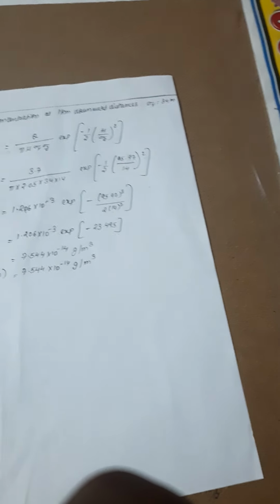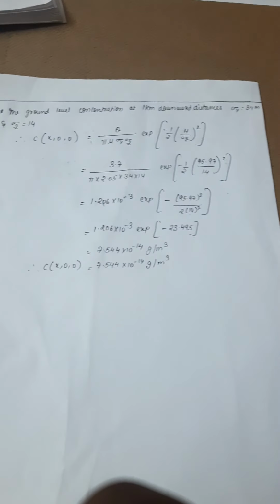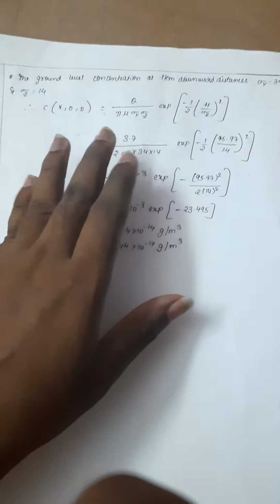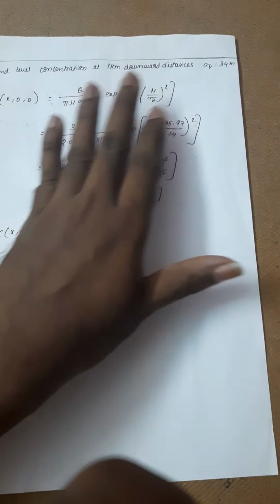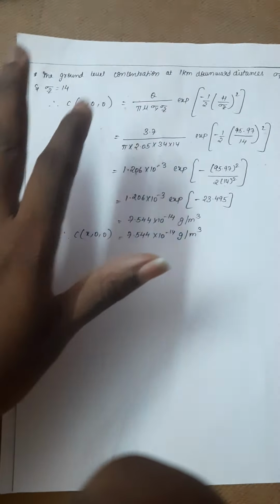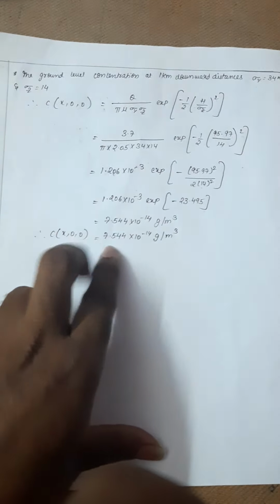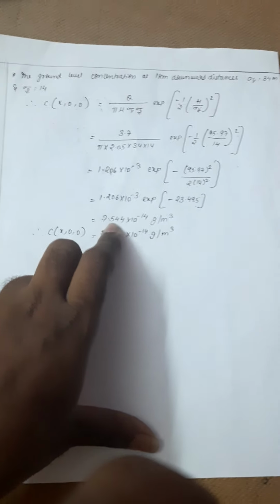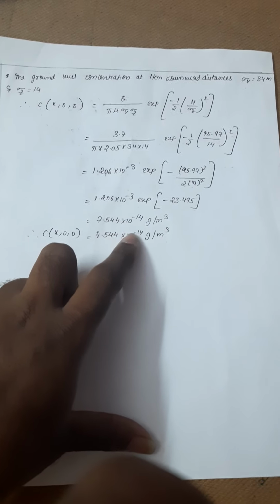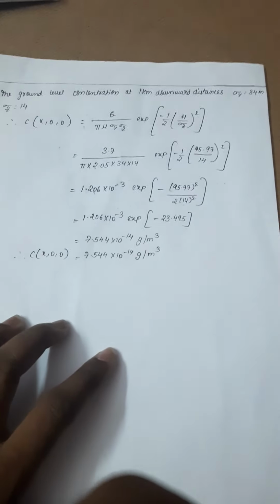This is the effective stack height. So now the ground level concentration at 1 kilometer, sigma y is 34 and sigma z is equal to 14. Therefore C at x, 0, 0 is the formula for the Gaussian plume dispersion model. I have substituted the values, and the final answer is 7.544 into 10 power minus 4 gram per meter cube.